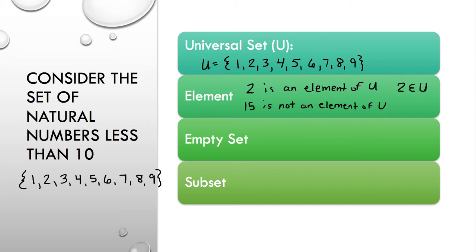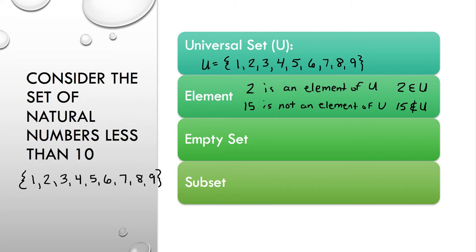And so if I want to write that mathematically, I'm going to write it this way. I'm going to say 15. I'm going to put my symbol for element, and I'm going to put a line through it. And then I'm going to put the U. So that says that 15 is not an element of U. So you want to be familiar with the notation to say that something is an element or that something is not an element of a particular set.